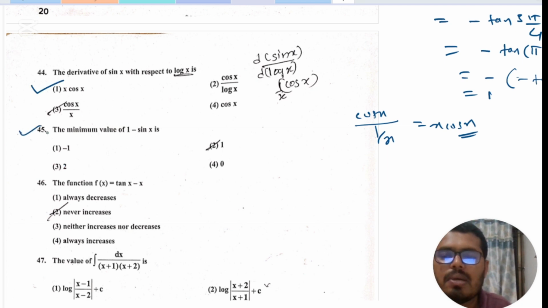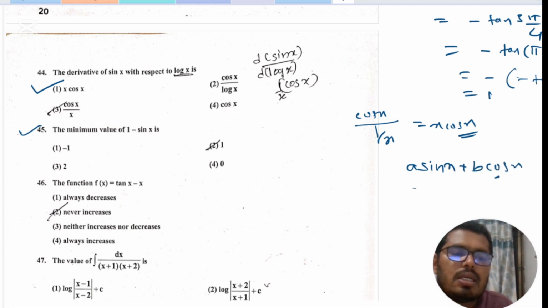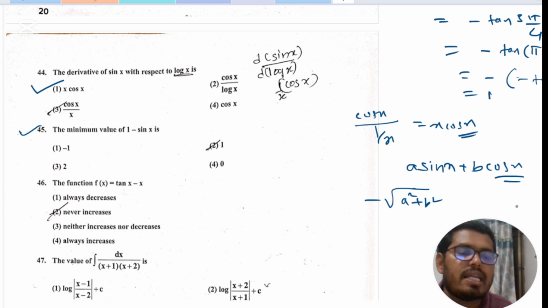Then the minimum value of 1 minus sin x. The minimum value is given by the standard formula: if a sin x plus b cos x, then its minimum value is minus square root of a square plus b square, and the maximum value is square root of a square plus b square.